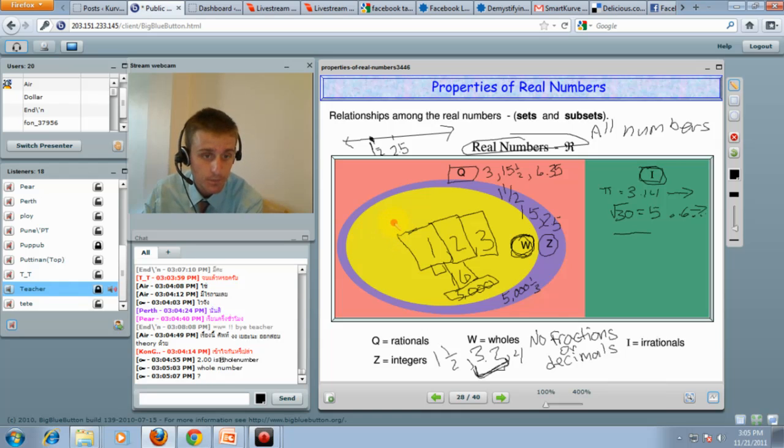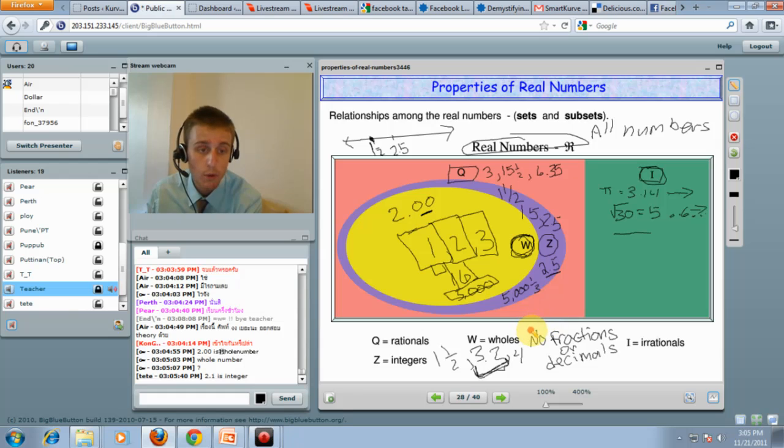Correct. 2.00, there's nothing there. It is a whole number. If it was 2.5, it's an integer, not a whole number. 2.1 is an integer. Correct. 2.2, integer. 2.3, integer. 2.4, integer. 13.1, integer.